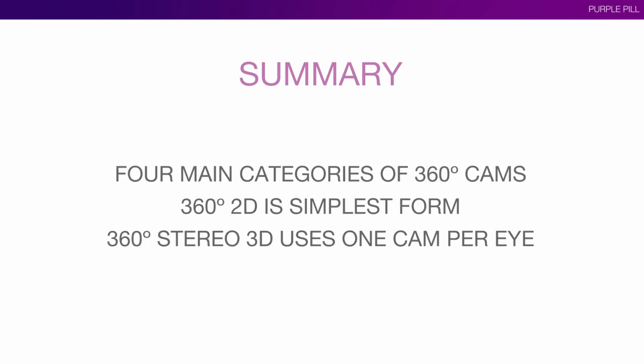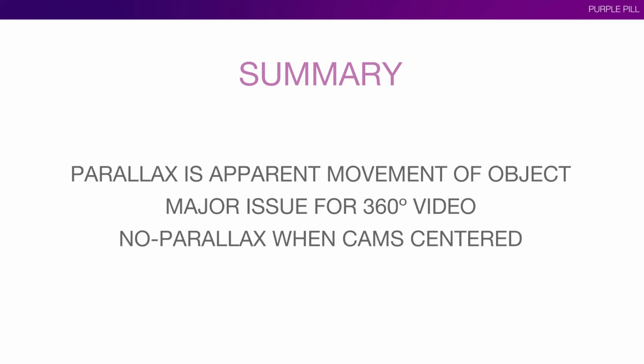To summarize, 360 cameras can be categorized into 4 broad categories. 360 2D is the simplest form of 360 video. There are many cameras available that allow you to easily film flat 360 content. 360 stereoscopic 3D cameras use one camera per eye to create an illusion of depth. Parallax is the apparent movement of an object in relation to the background when viewed from a different angle.